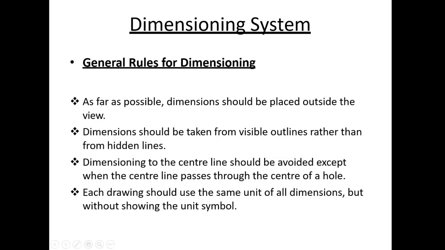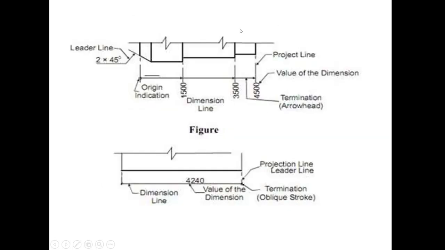So, the first rule is, as far as possible, dimensions should not be placed outside the view. It should be within the view, not away from the view, it should be close to the view. Okay, this is the first rule.